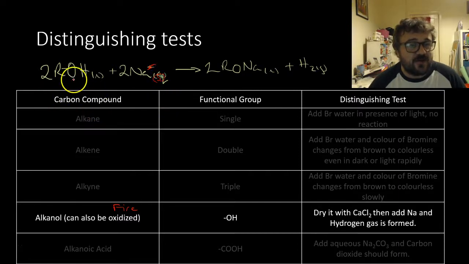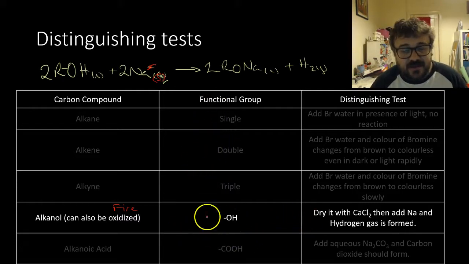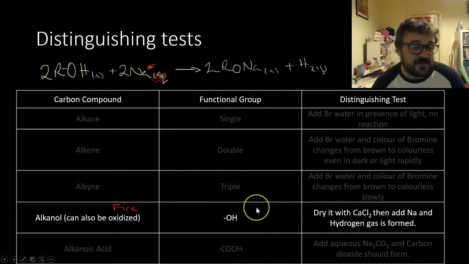If we add sodium to an alkanol, we'll end up with this chemical here, there's 2 of them, and hydrogen gas will be formed. If we add sodium to these, we will not get hydrogen gas at all. But this one will get hydrogen gas, and we won't get hydrogen gas here. It distinguishes between these two quite effectively.